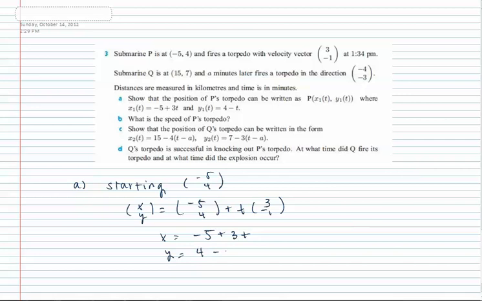So you put it into the x and y equation, and you plug it in to make it simple: (-5 + 3t, 4 - t), and that is your answer.